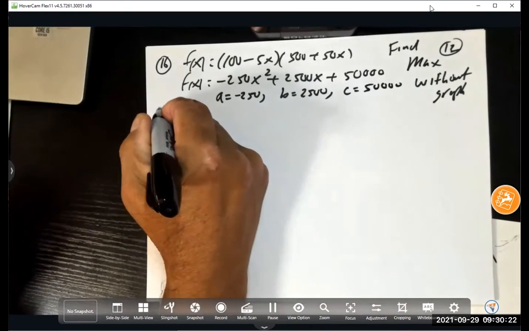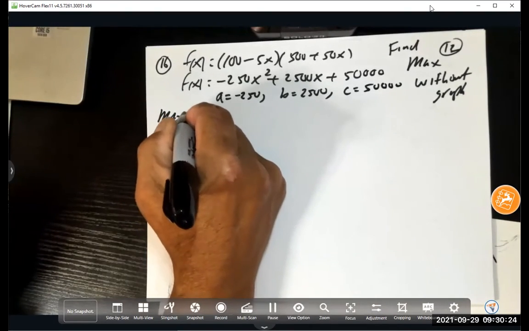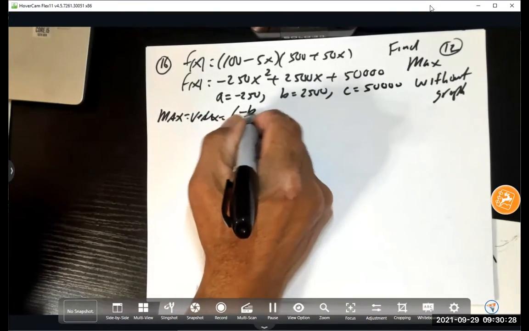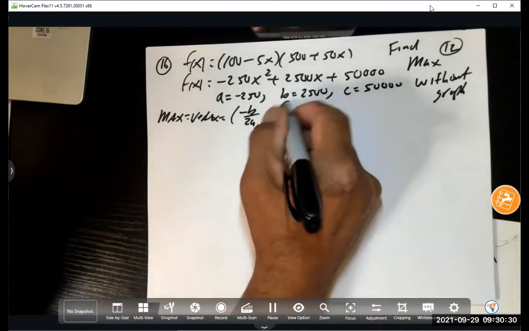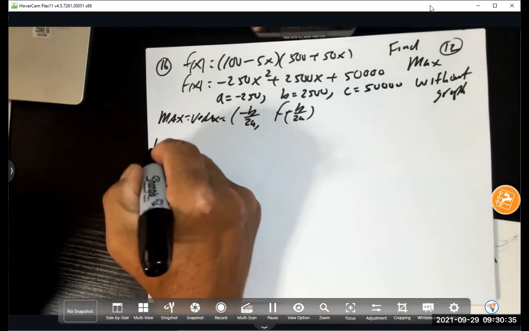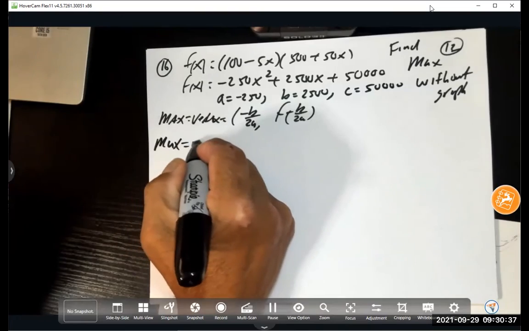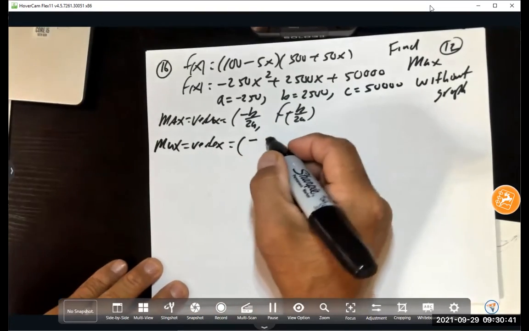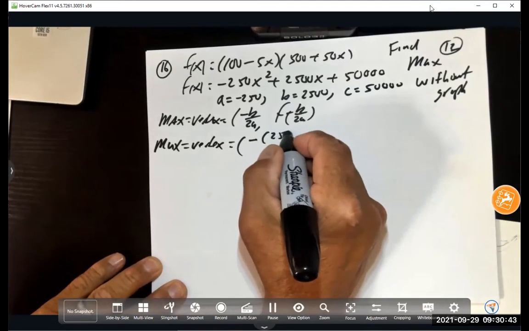And I told you earlier that the max, which is the vertex, is going to be that formula: negative B over 2A, F of negative B over 2A. So this is the max again, which is the vertex. It's going to be negative of B. What is B? 2,500.